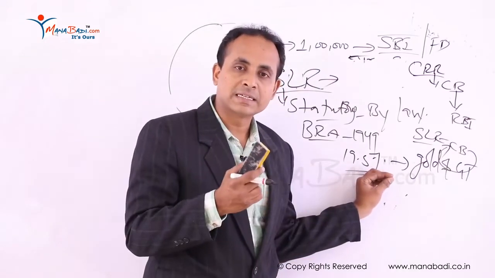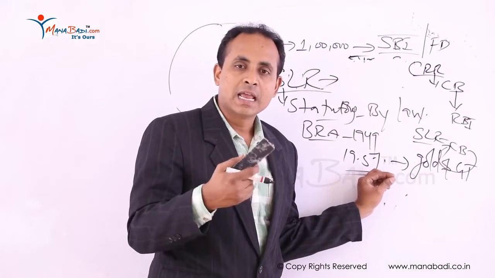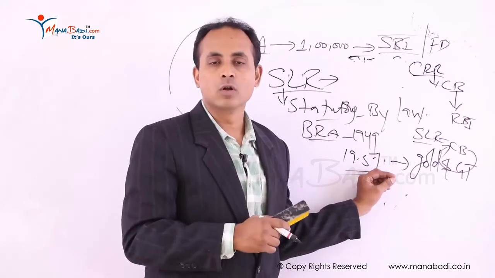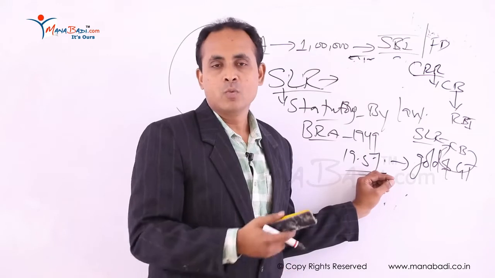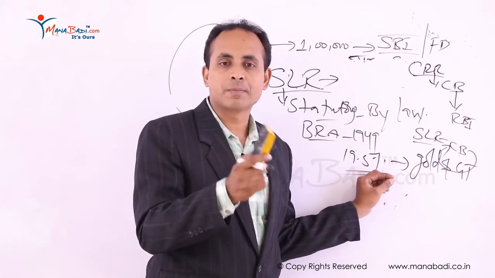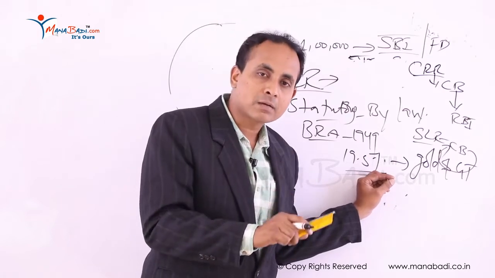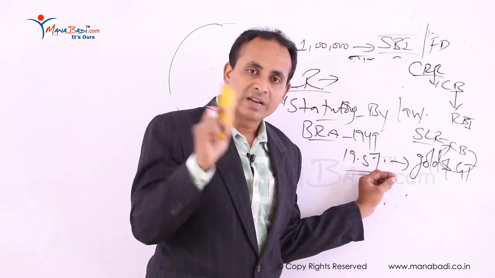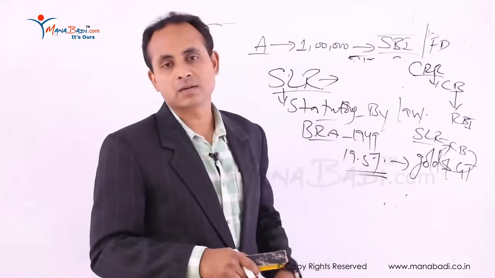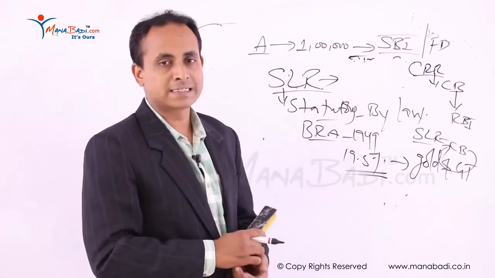SLR means the percentage of the net deposits a bank is supposed to keep with itself in the form of gold and government securities, whereas CRR, 4% of net deposits, a bank must keep with RBI. This is called SLR.